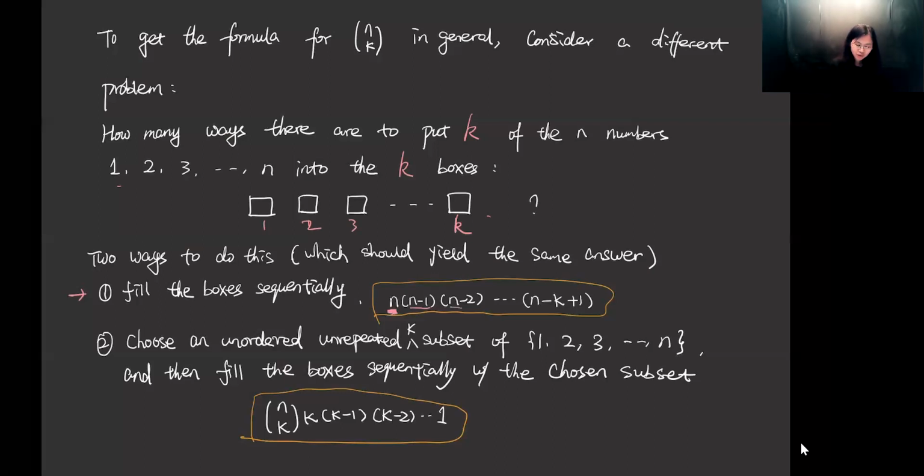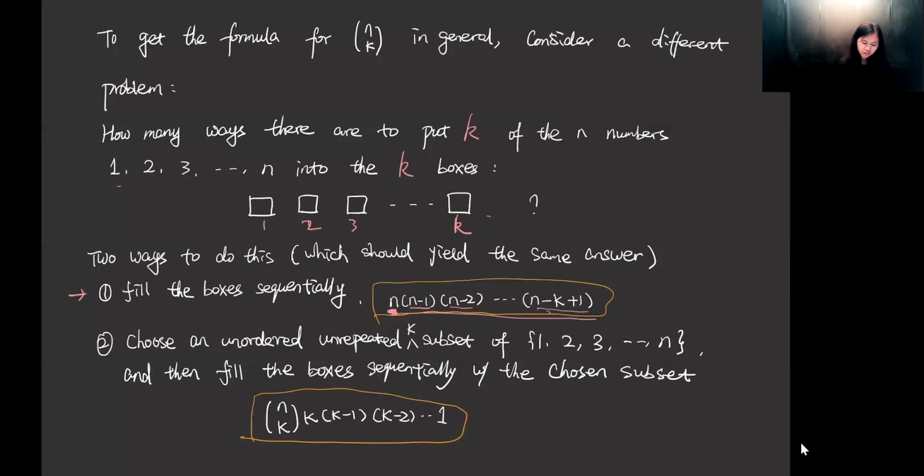And you can keep going sequentially until you fill all the boxes. That number you get will be the number of ways to fill the K boxes using the n numbers. And that's the first way.